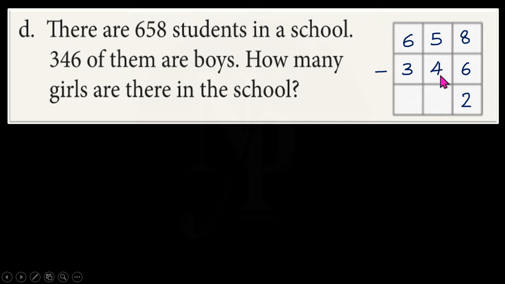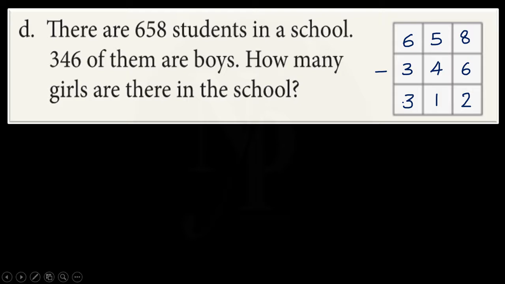Coming to tens column, here we have 4 tens to be subtracted from 5 tens. So when we do that, we get 1 ten as difference. In the hundreds column, we have 3 hundreds to be subtracted from 6 hundreds, or 6 hundreds minus 3 hundreds gives us 3 hundreds as a difference.